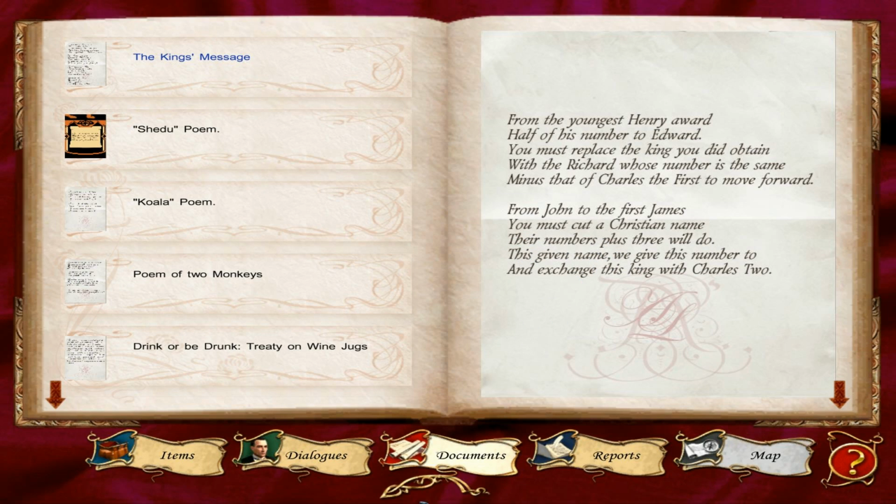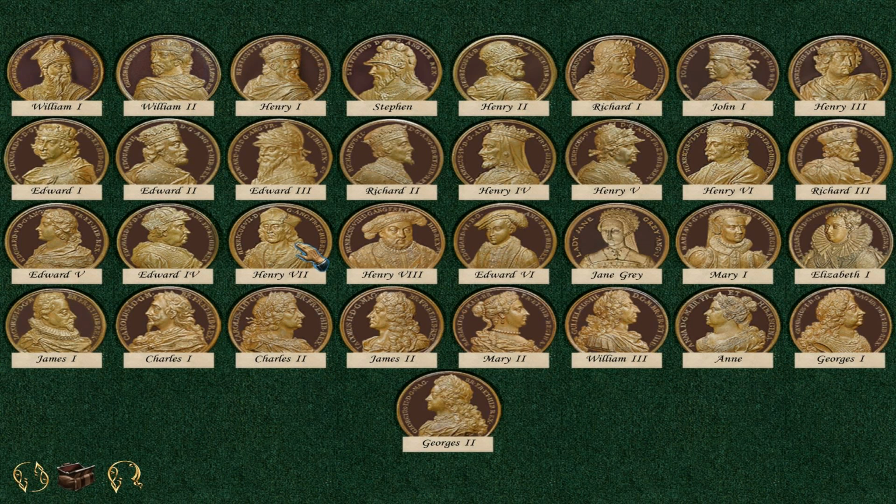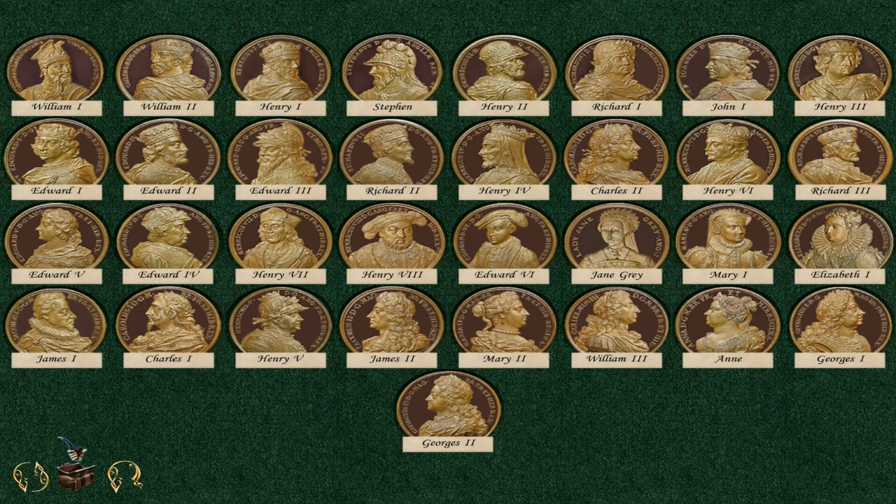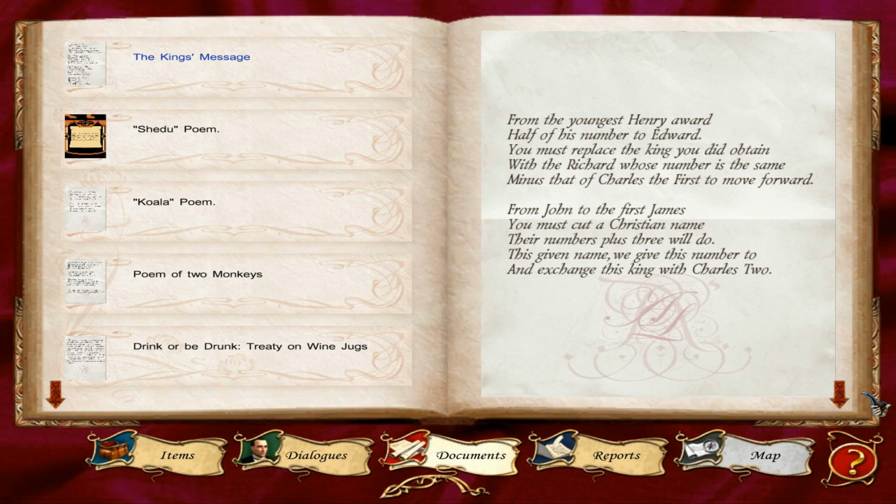Their numbers plus 3 will do. This given name, we give this number 2. Or is it Henry the 7th? Because there's 4 Henrys. No. I don't like the fact that there's no... Right. With Charles II. So Charles II.